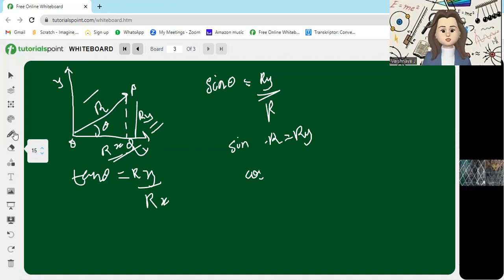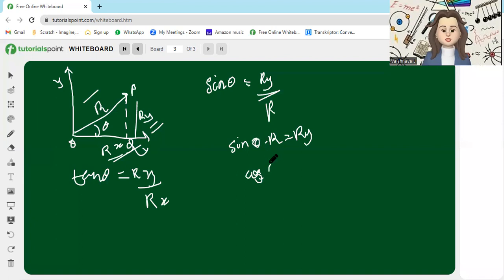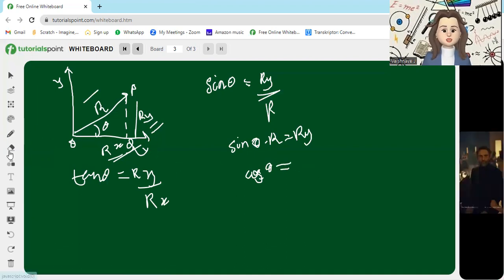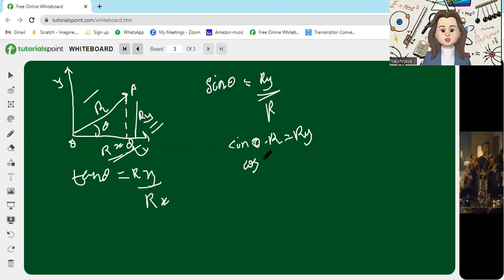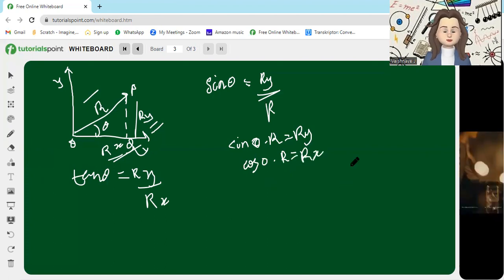They will sometimes mention the vector angle if they ask you to find the ry and rx components. So cos theta into r is equal to rx. So we will find the r, rx and ry components, right?